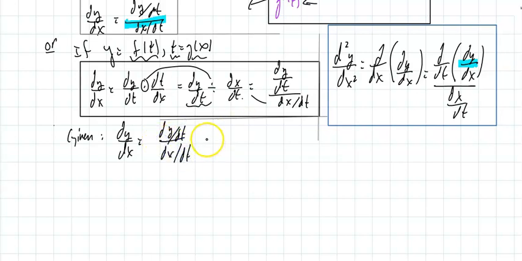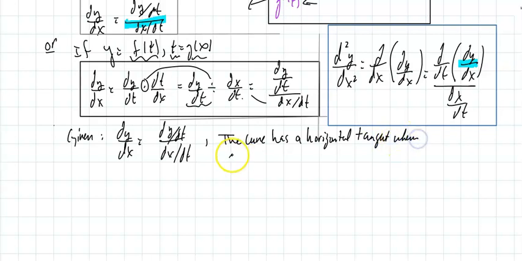If I ask where the curve has a horizontal tangent, and where the curve has a vertical tangent.